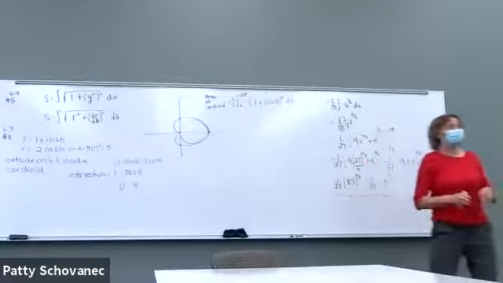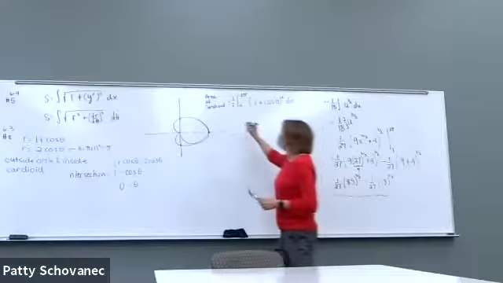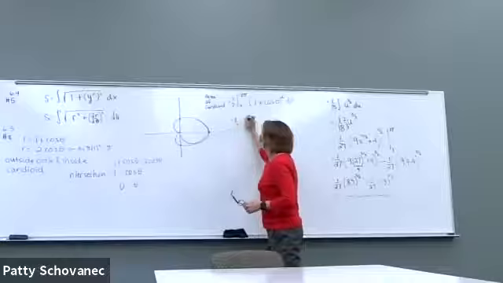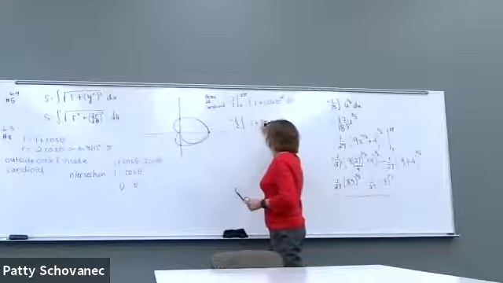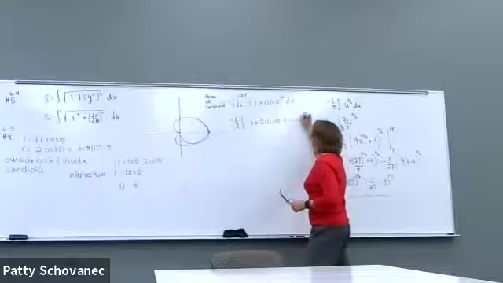It's 1/2 integral of f of theta squared d theta. So there's the 1/2, and then I got to square the 1 plus cosine theta. When you square 1 plus cosine theta, you get 3 terms. You get 1 plus 2 cosine theta plus the cosine squared of theta.